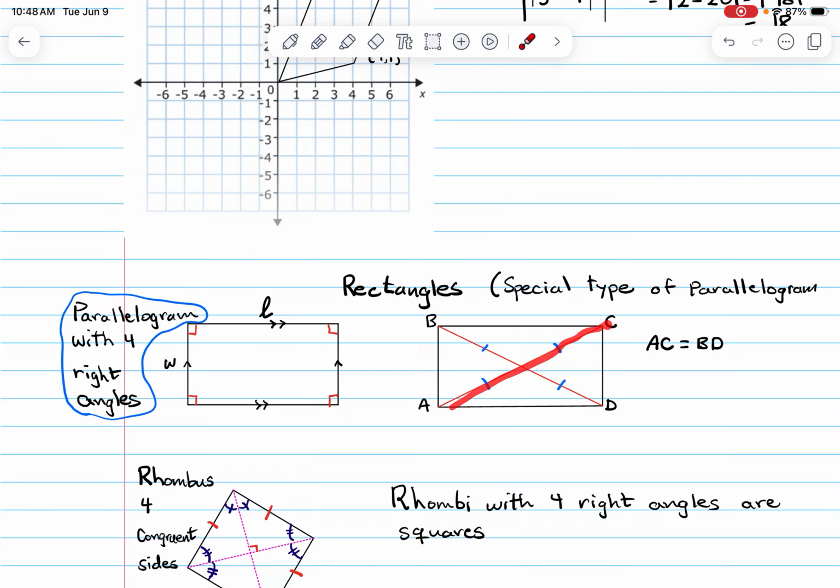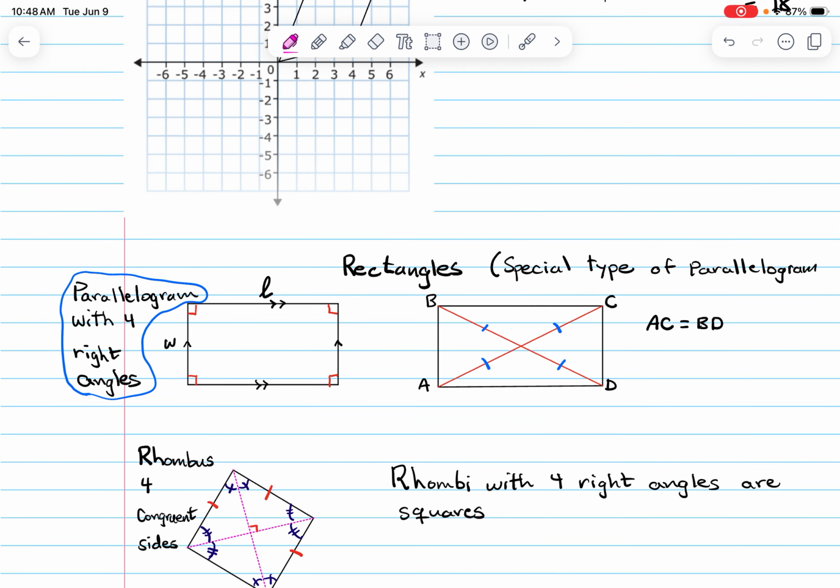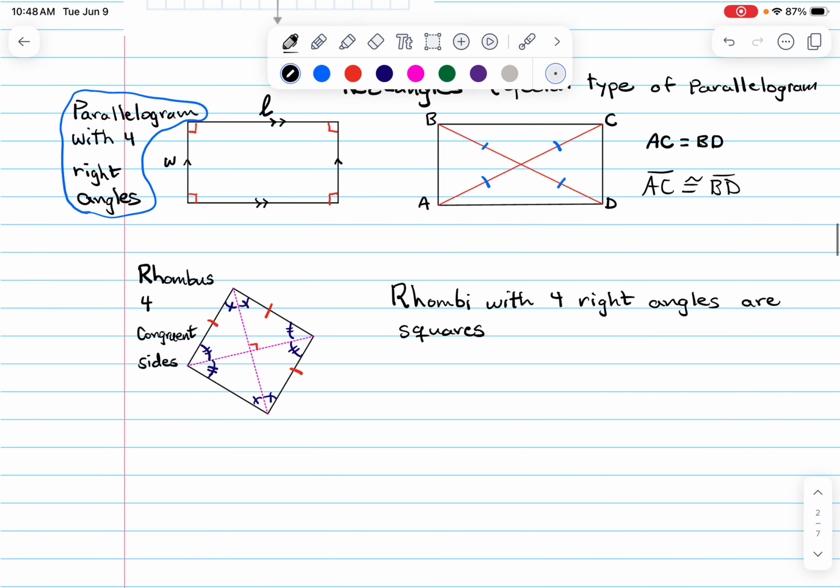So AC equals BD. These diagonals still bisect each other, since they're parallelograms. However, all 4 segments are equal. So this diagonal has the same length as this one. So AC is equal to BD in measurement. If we weren't talking about measurements, we could say AC is congruent to BD, but I left off the little mark above it, which means that's the measurement. Okay, so that's a rectangle.